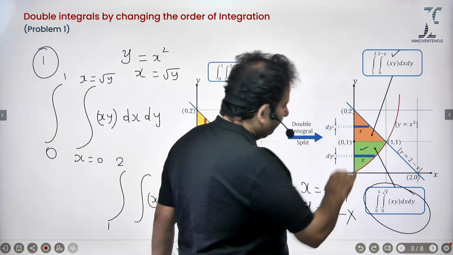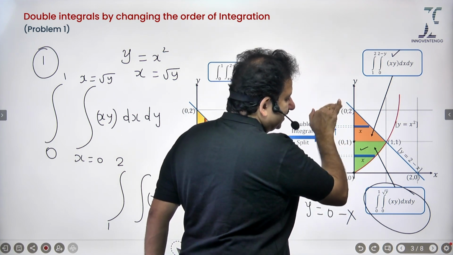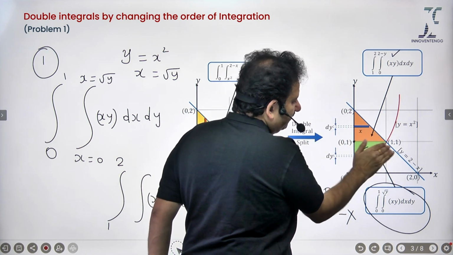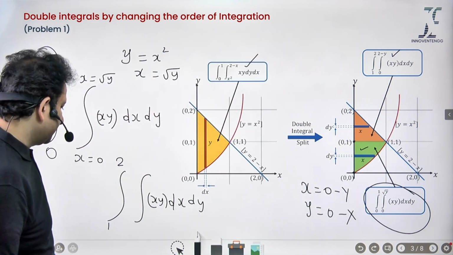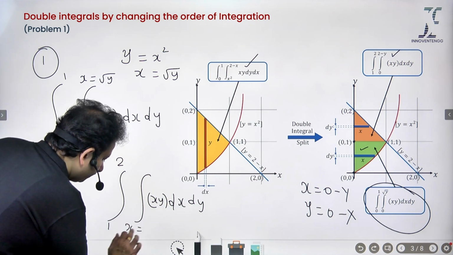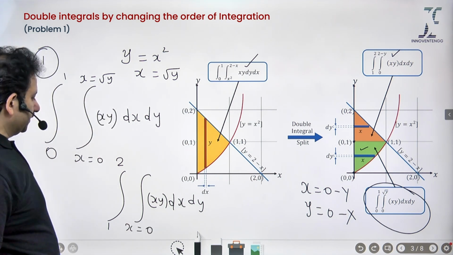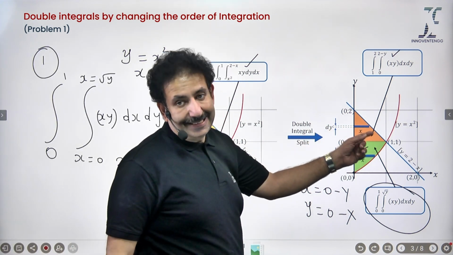But now in order to fix the limits, you will have to travel from the y-axis and hit the straight line. That is your second boundary definition, the inclined straight line, y is equal to 2 minus x. So you are starting from x equal to 0, because that is the definition of the y-axis, and you are going to hit the inclined straight line.